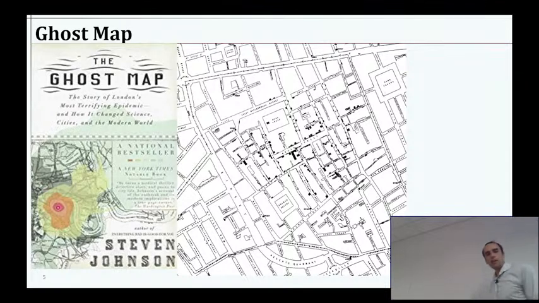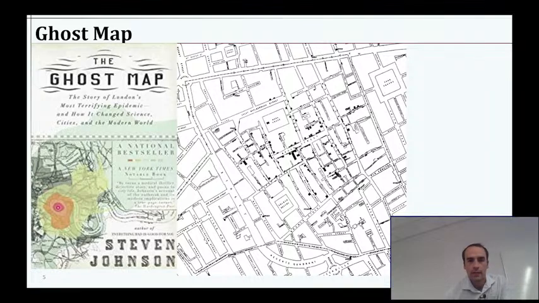So if that's interesting to you, here's the black and white version of the map that John Snow made, and this is a sector in England. If you look at the map closely, you'll see all these streets and everything, and then you'll see these black bars.